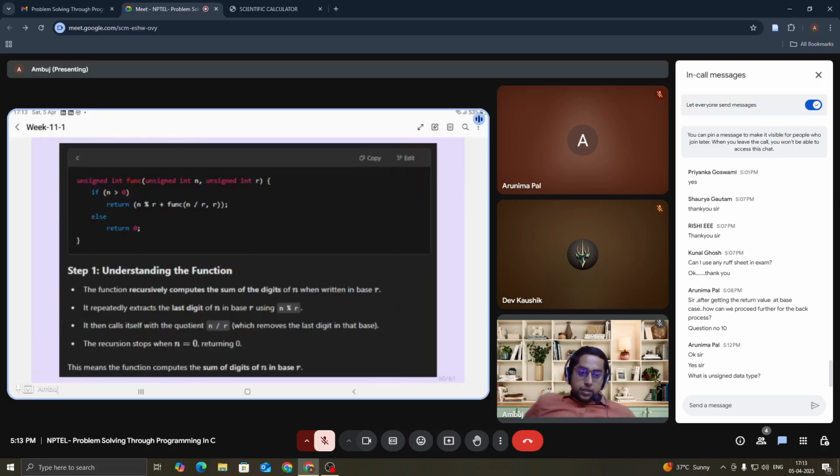Even if you provide the input as minus 256, it will be stored as 256 only. That is the meaning of unsigned int. No space is used for storing the sign of the variable.